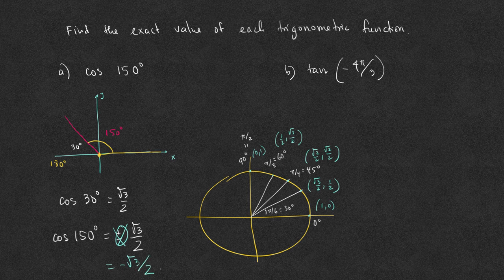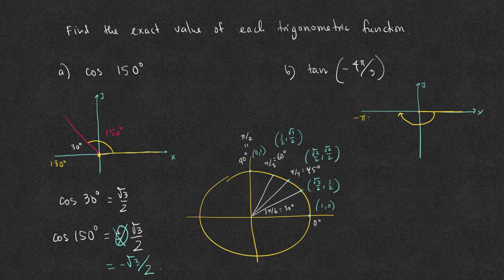2. Similarly, to find tangent of negative 4 pi over 3, we first need to know which quadrant it lies in. This is a negative angle, and so from the positive horizontal x-axis, we would need to travel clockwise. 1 pi over 3 all the way to 4 pi over 3 negative.